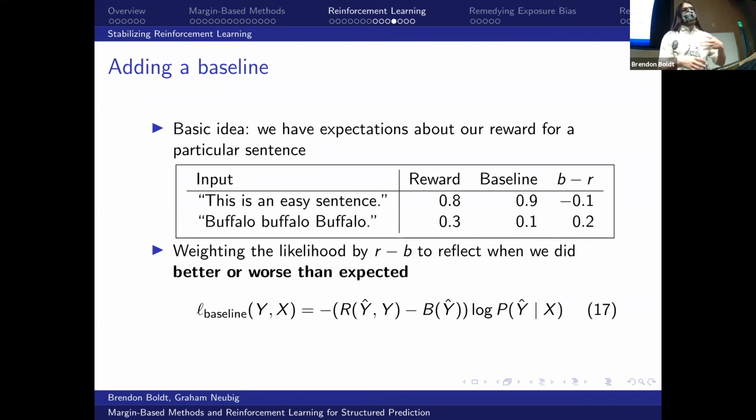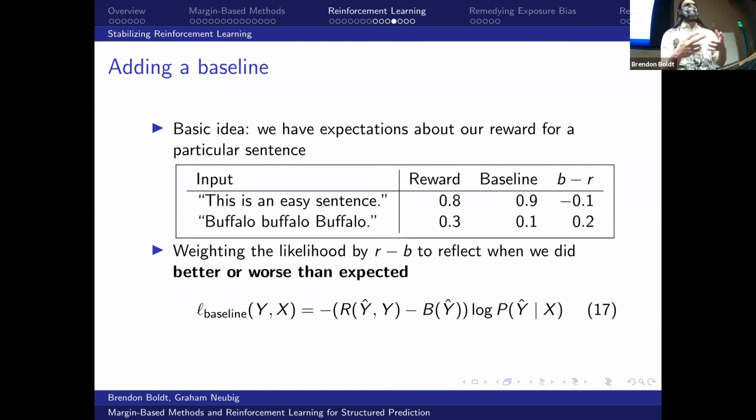So, if the input to this model is an easy sentence, it might be a pretty good translation, but you could tell that this is a very easy sentence, so you should have done even better, in which case you actually get a negative reward here. Whereas if you do so-so with the sentence buffalo, buffalo, buffalo, you might not have done too well, but you expected to do a lot worse.